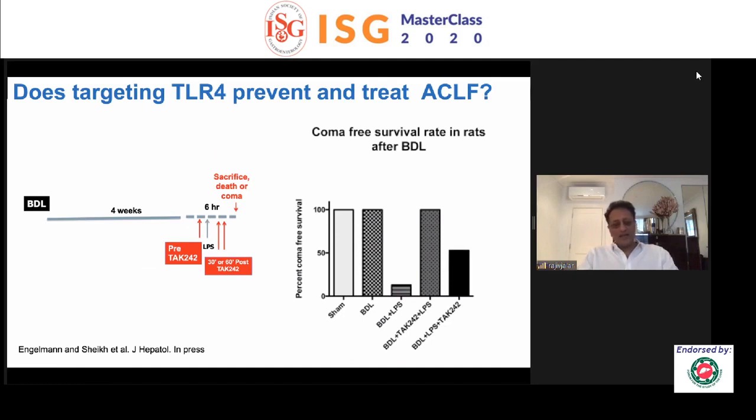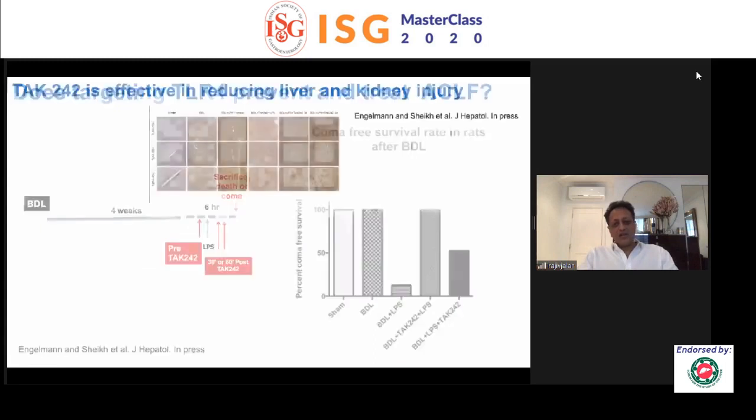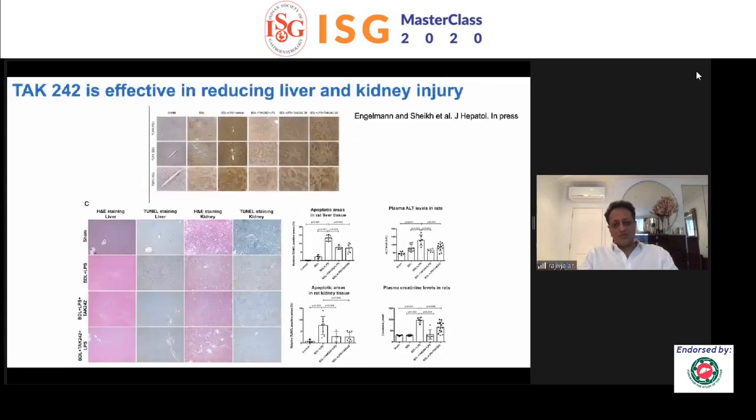So here we now have a potential drug. We showed it to the FDA. The FDA has given us an orphan designation for this drug, and we're going to take it forward. And this is just a little bit more detail to that story, where we show a reduction in cell death. Here is the bile duct ligated plus vehicle. We're looking at TLR4 receptor expression.